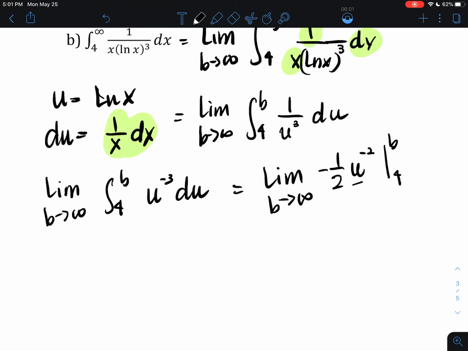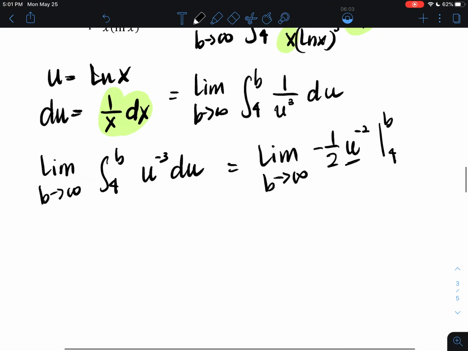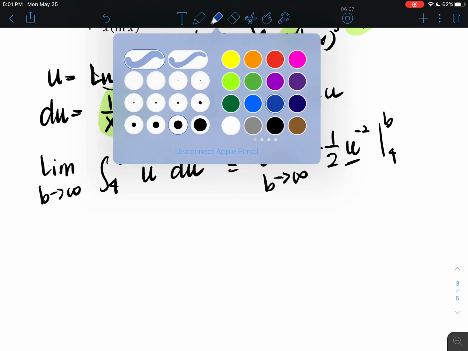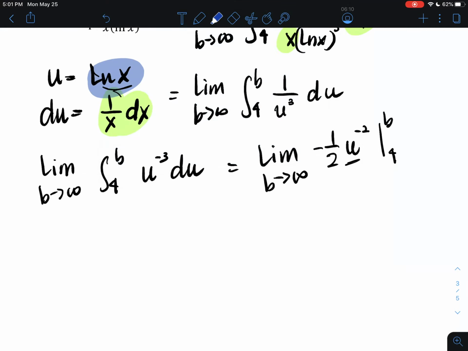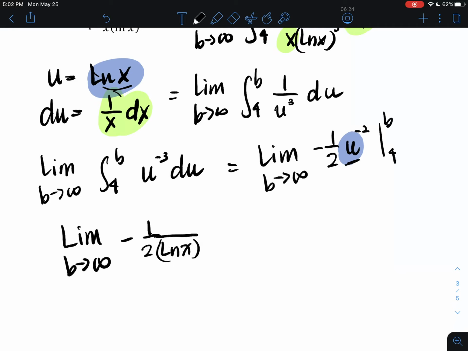Of course, we're not evaluating it for u, so we have to substitute our ln of x back in. So the limit as b approaches infinity of negative 1/2, ln of x quantity squared, evaluated from 4 to b.